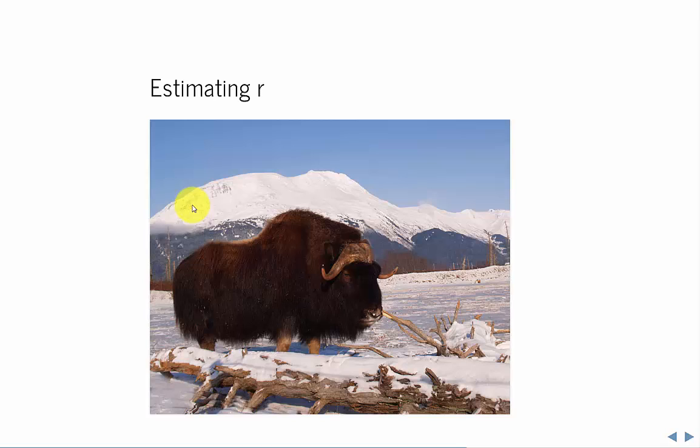Musk oxen were widely distributed across the Arctic in both the Old and New Worlds, and their populations declined until the middle of the 20th century when they were protected and then populations began to recover. This particular musk ox is in Alaska.